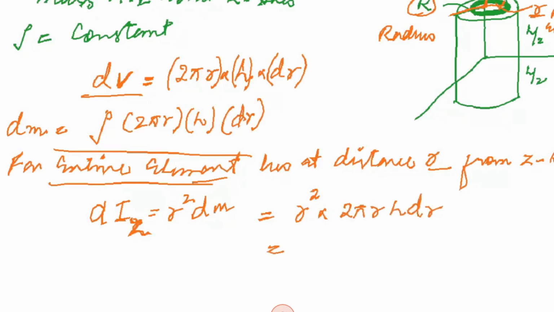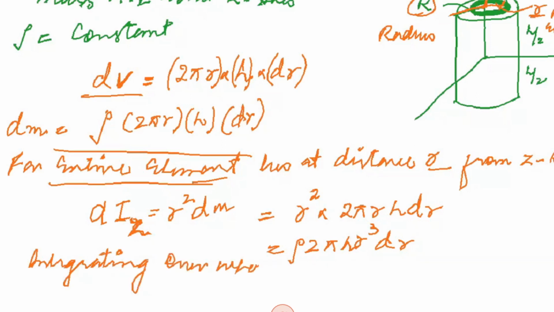That will be equal to 2 pi h r cube into rho into dr. Fine. Now we have to integrate it over the whole cylinder.